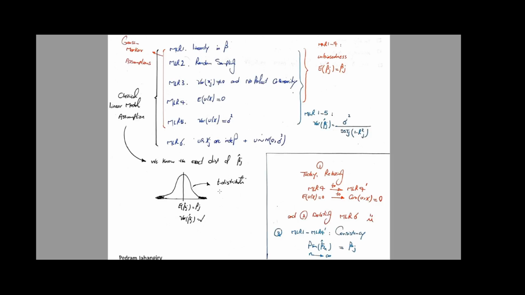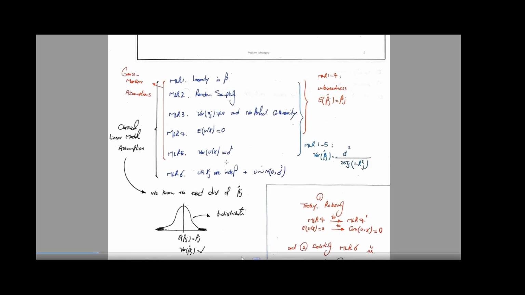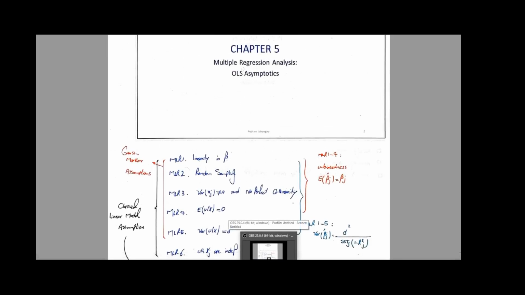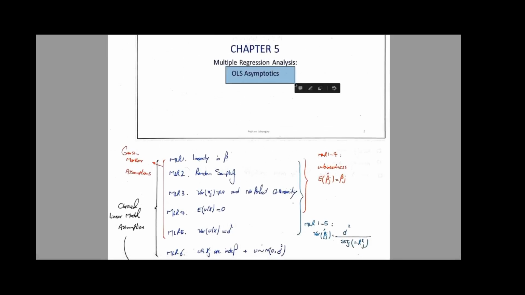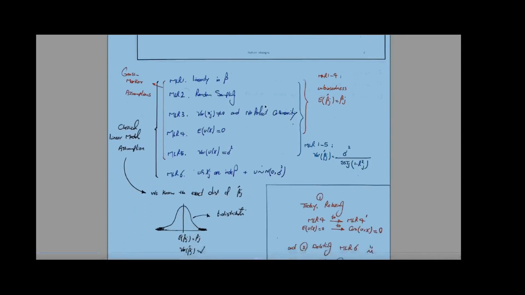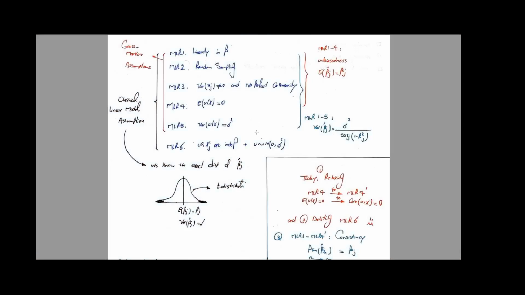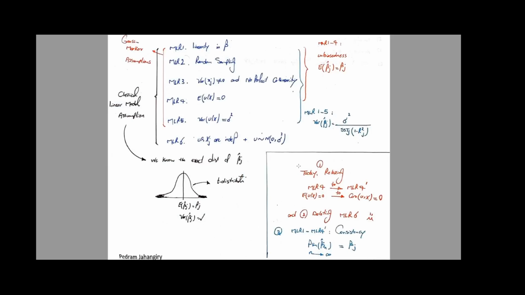Okay. Now, in chapter 5, we're talking about asymptotics. So we want to say something about large sample sizes, right? And because we're dealing with large sample sizes, this is the agenda for today, we can relax some of these assumptions. So first, we're going to relax assumption number 4. We're going to go from the zero conditional mean assumption to correlation equal to 0, right?